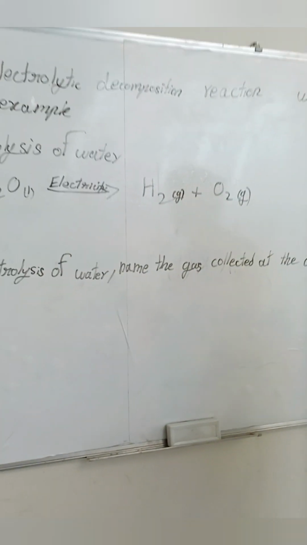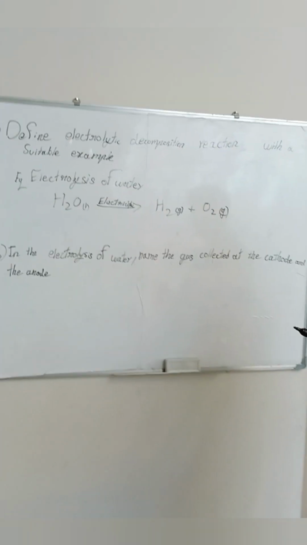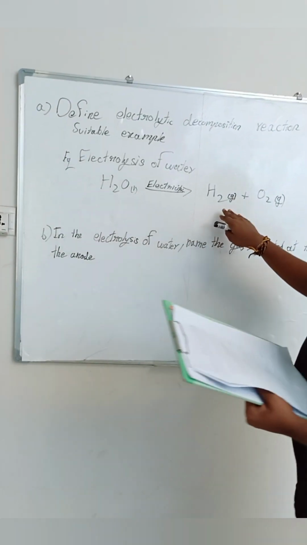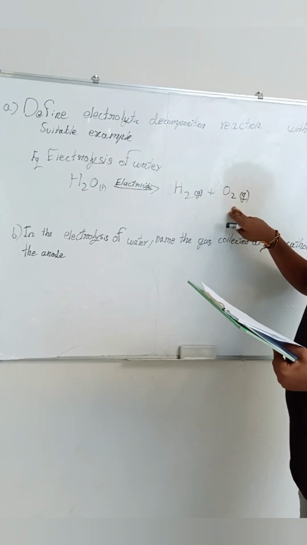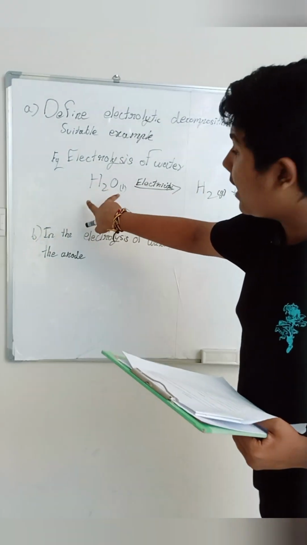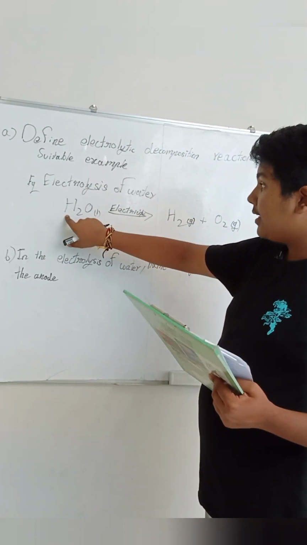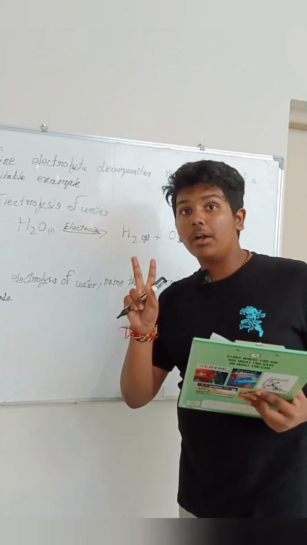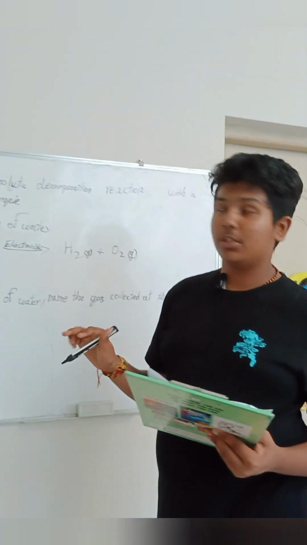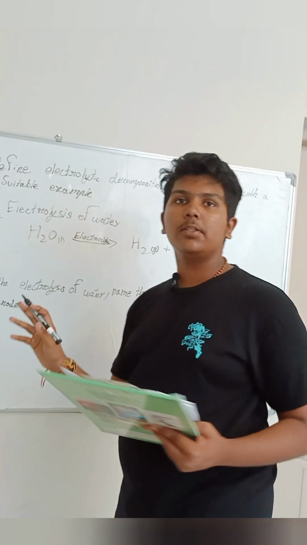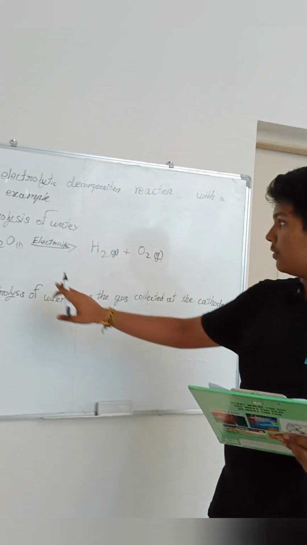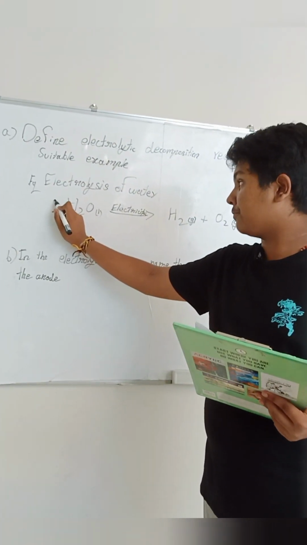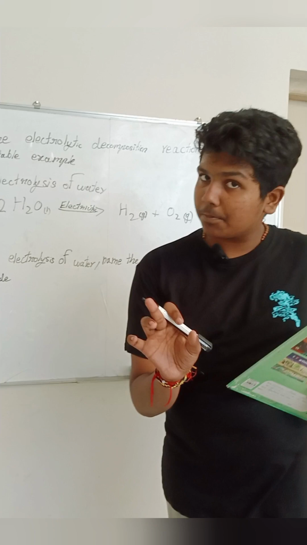But there's a problem here, right? Is there a problem? Because here H is 2 and O is also 2 on the product side, but on the reactant, H is 2 and O is 1, right? So you have to balance this equation. How do you balance it? You have to make this O the same as this part, so add a 2 here. But there's another problem.